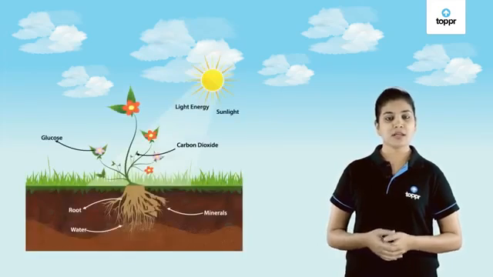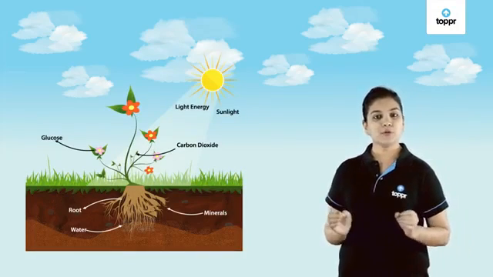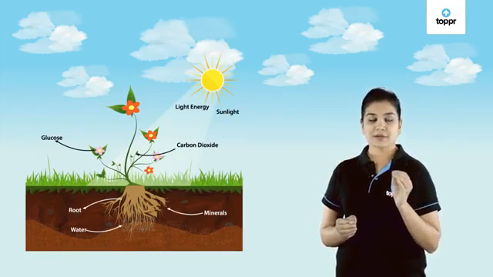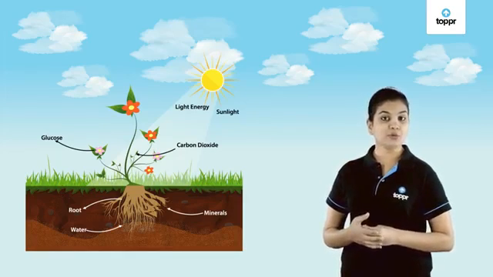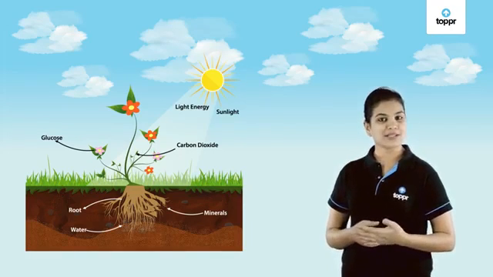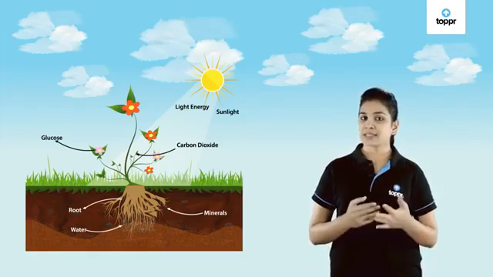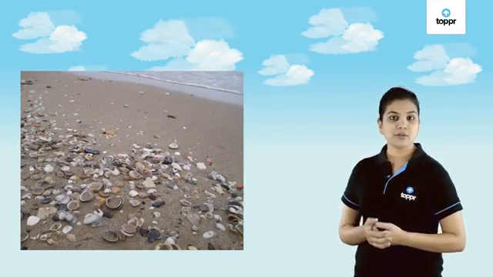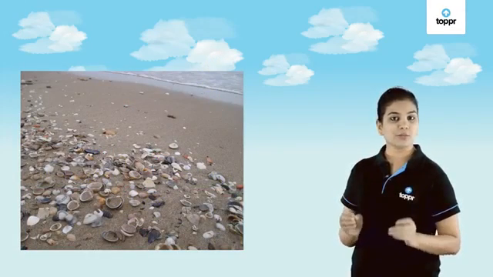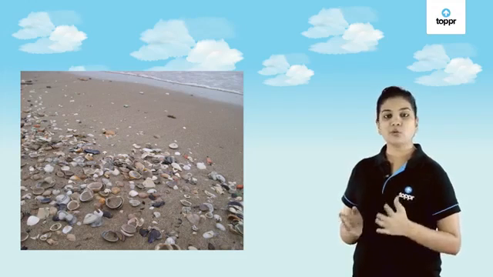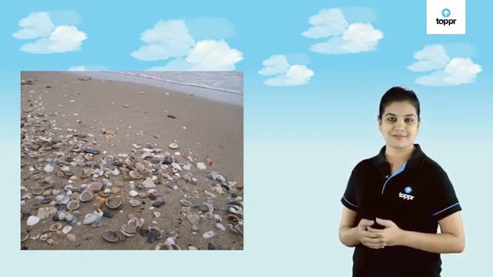And how does it happen? It is done by two ways, by green plants and marine animals. So green plants during photosynthesis fix this atmospheric carbon dioxide into glucose in the presence of sunlight. Similarly, marine animals use the dissolved carbonates in the sea water to make their shells.